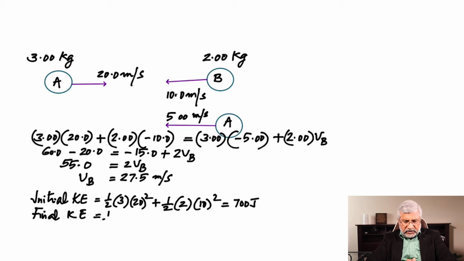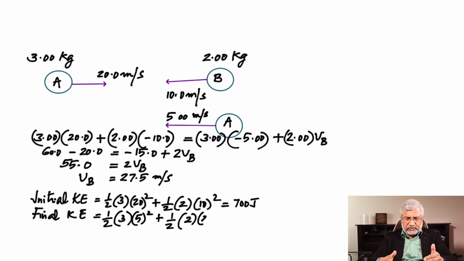And then likewise, we find the total final kinetic energy. And when you do that, we're going to get a number that is definitely smaller than the initial kinetic energy. So 1/2 times 2 times, we got that as 27.5, so square that.